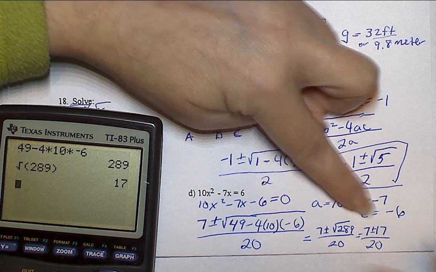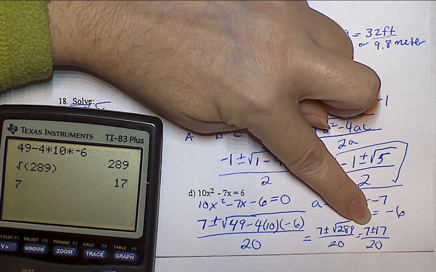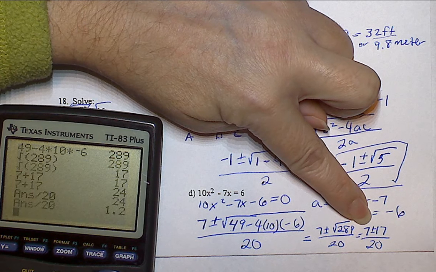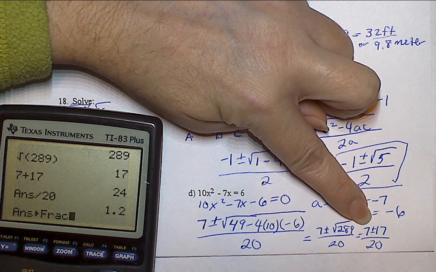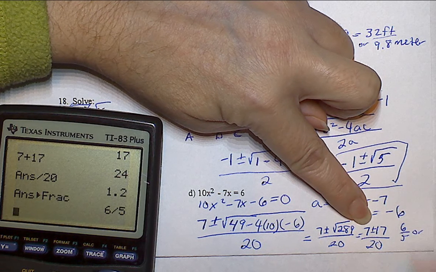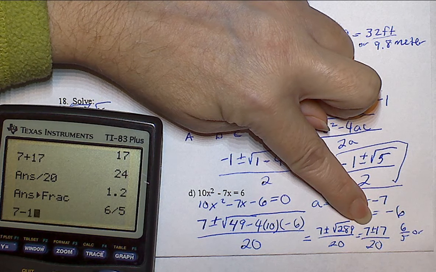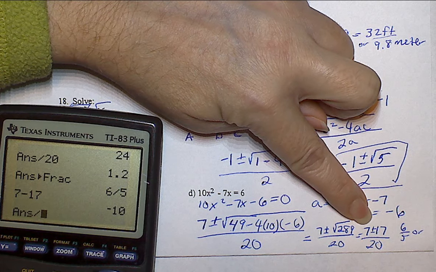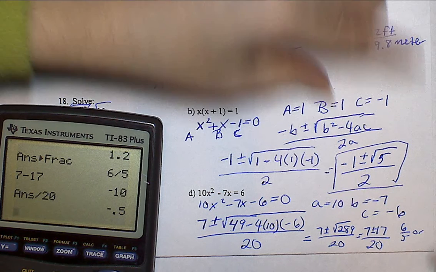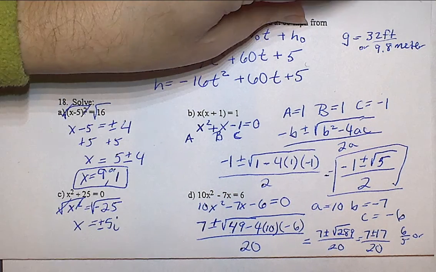So I'm going to go 7 plus 17 and then divide that by 20 and put that into my fraction. So that equals 6/5. Or 7 minus 17 and divide that by 20, which is negative 0.5, and we all know that that's negative 1/2. So I'll open it up and put it right here.